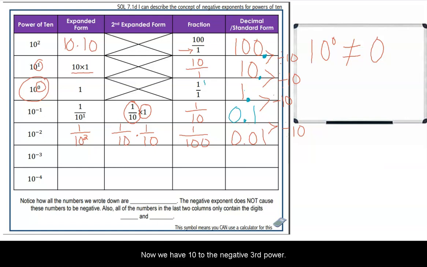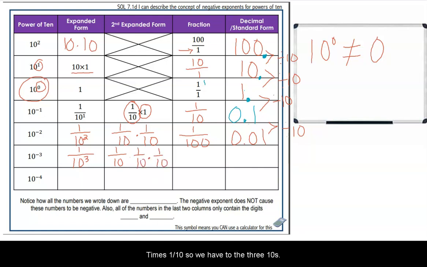Now we have 10 to the negative third power. Okay, our expanded form for this would be 1 over 10 to the third power. Okay, so 10 to the positive third power would be 10 times 10 times 10. 10 to the negative third power is going to be 1/10 times 1/10 times 1/10.